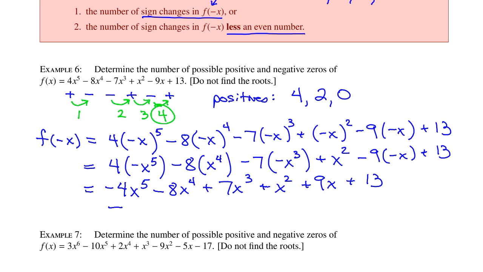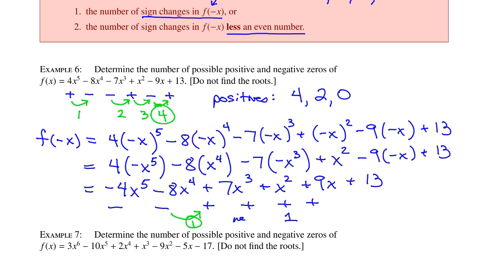Let me write out the signs. We have a negative, negative, positive, positive, positive, positive. Count the sign changes, starting with whatever sign you have. We have a negative, goes to a negative, nothing there. Then we have a negative that goes to a positive. That's one sign change. And then there are no other sign changes. They're all positive throughout. So we have one sign change for the negatives.